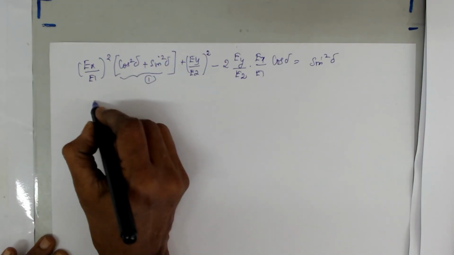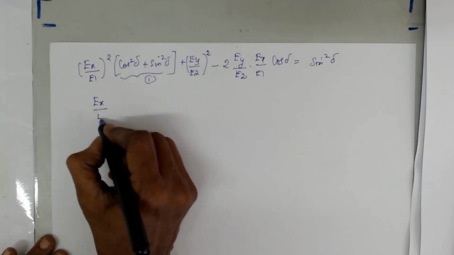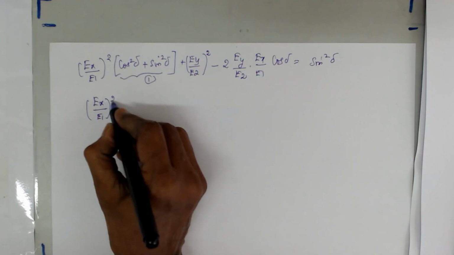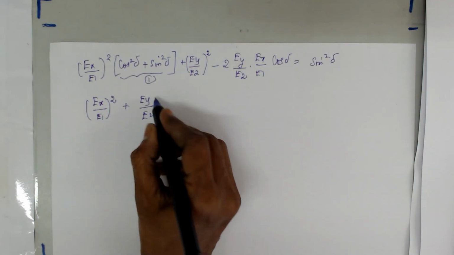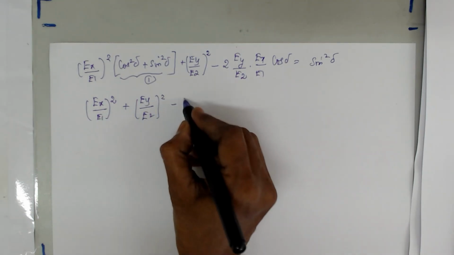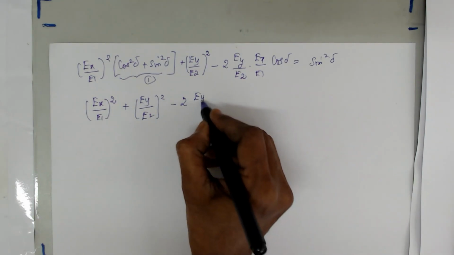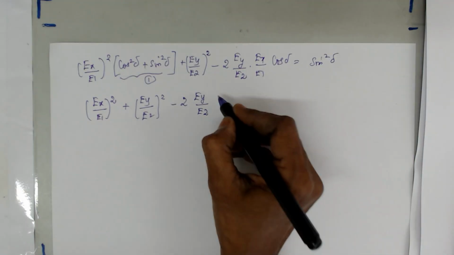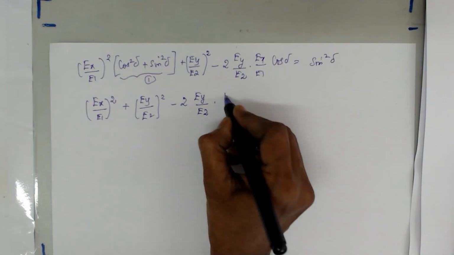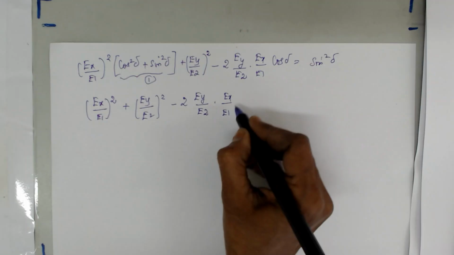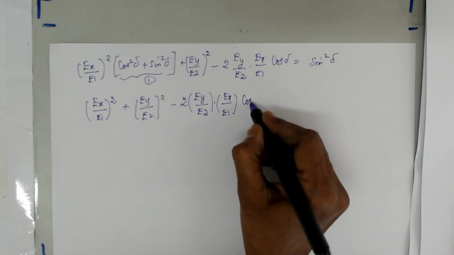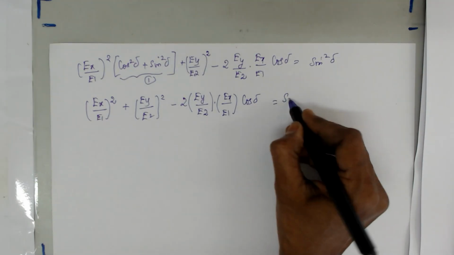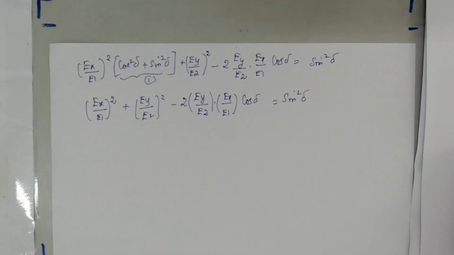So we can simplify this equation as (Ex divided by E1) the whole square plus (Ey divided by E2) the whole square minus 2 into Ey divided by E2 into Ex divided by E1 into cos delta is equal to sine square delta.